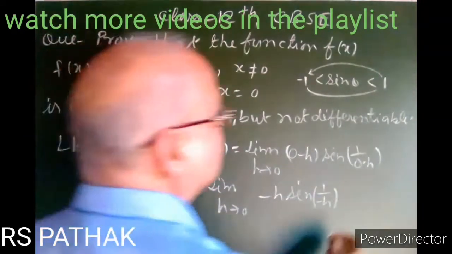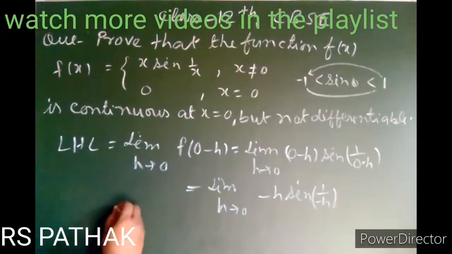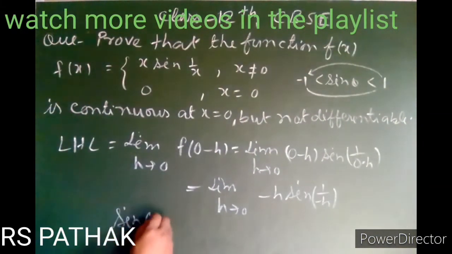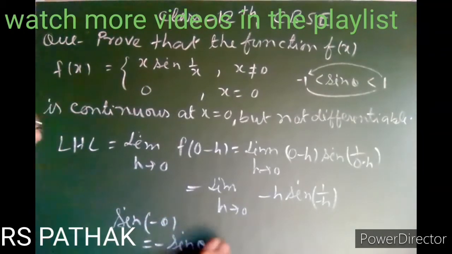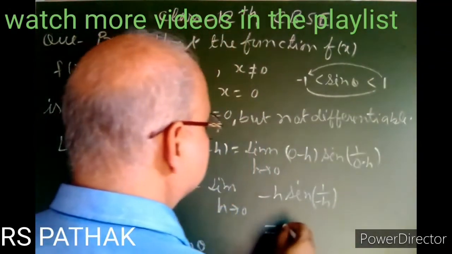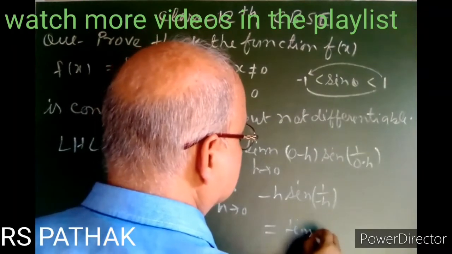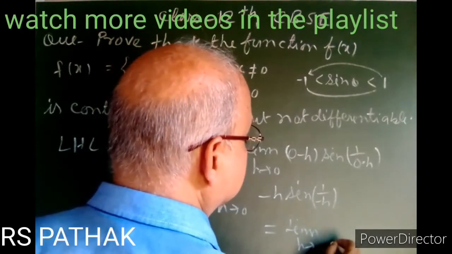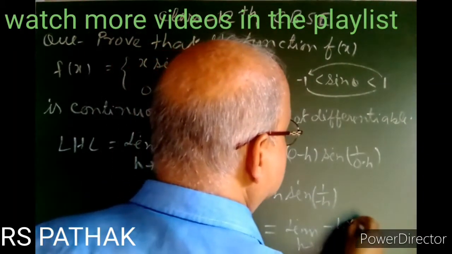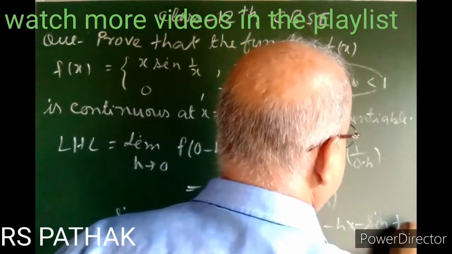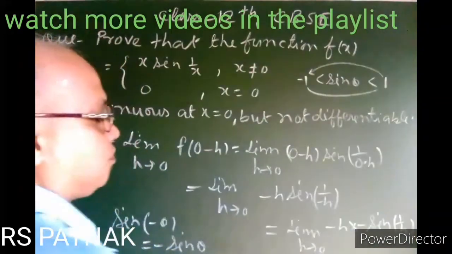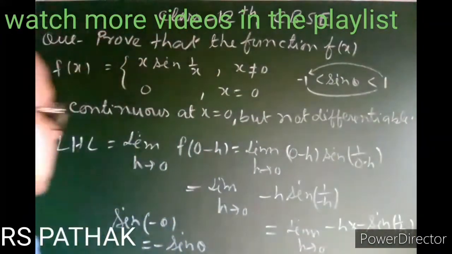You know that sin(-theta) equals minus sin theta. Then we can put here limit h tends to 0 of minus h into minus sin(1/h). Both negatives cancel out.